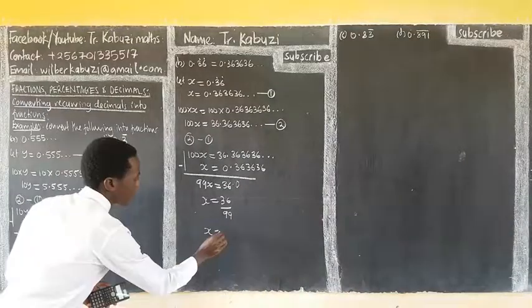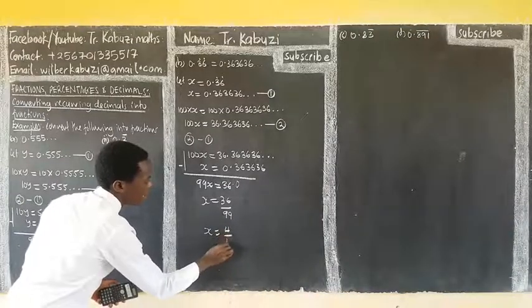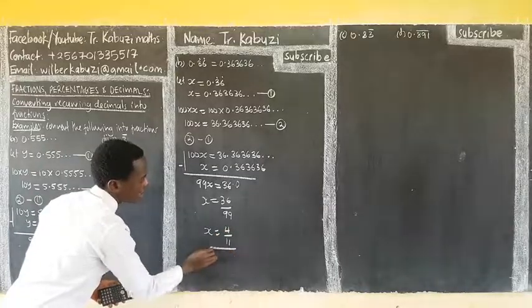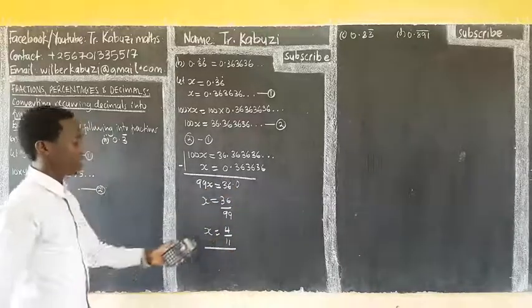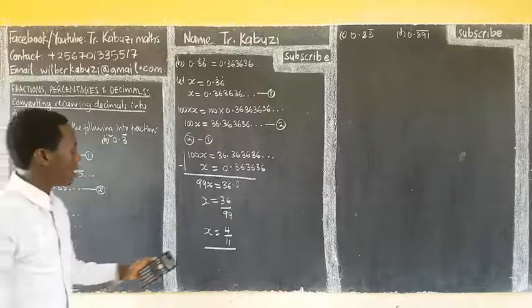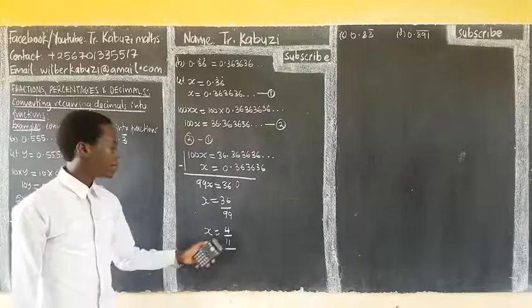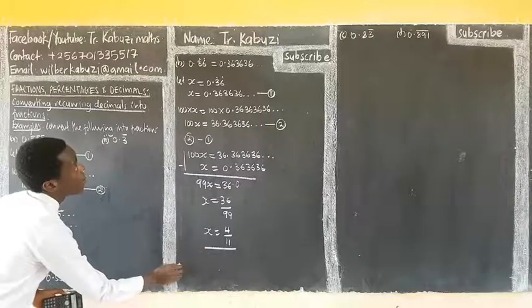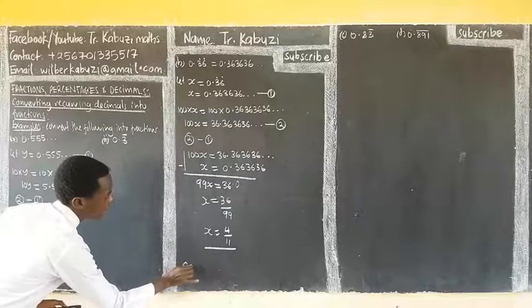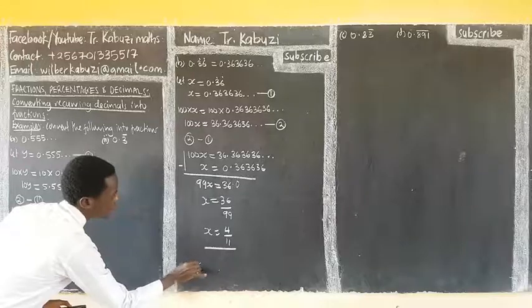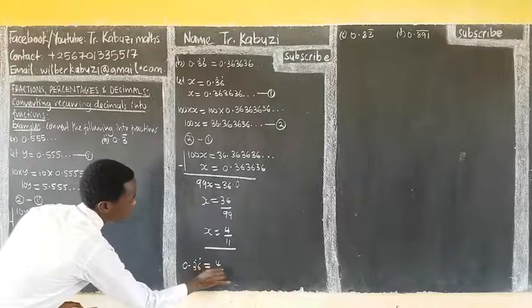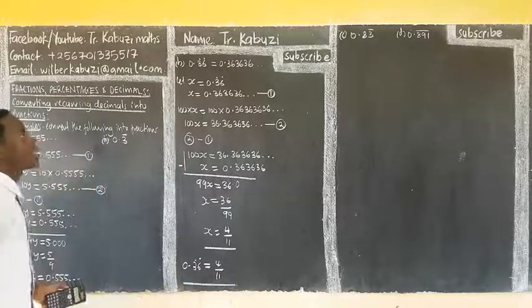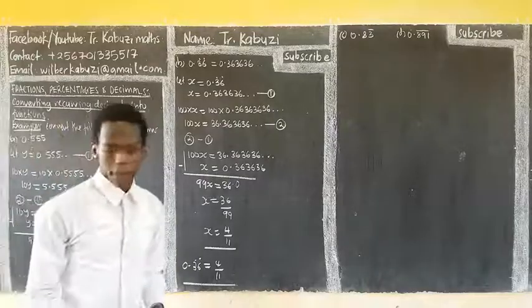So this will be 4 over 11. I think you see that. When you press this on the calculator, I'm sure you are going to get the same thing. So our x, 0.36 recurring, is equal to 4 over 11, and that will be our answer there.